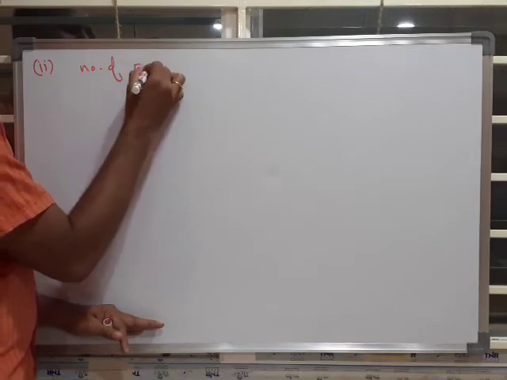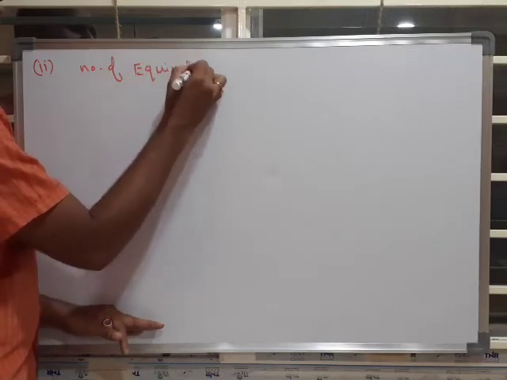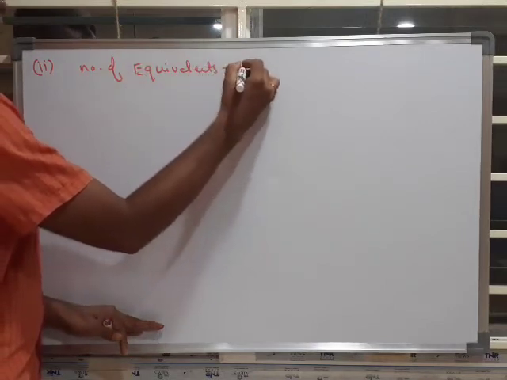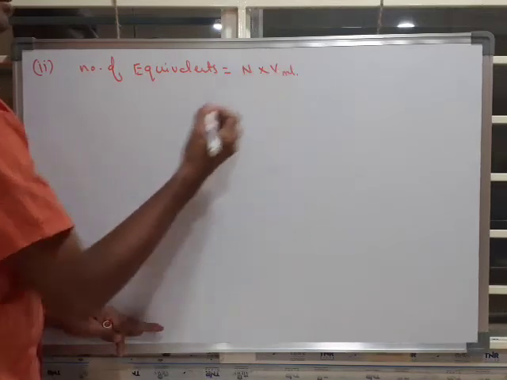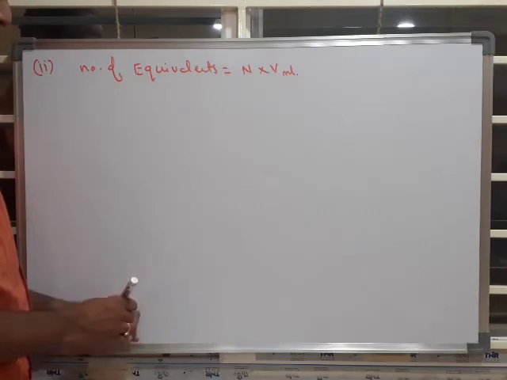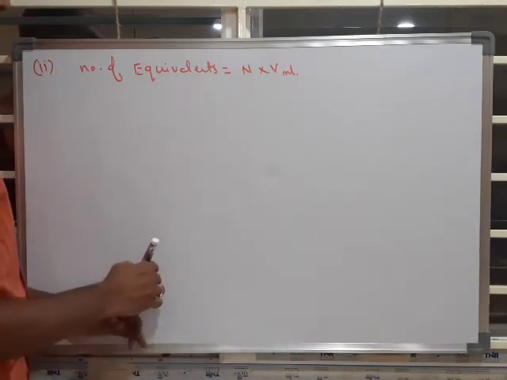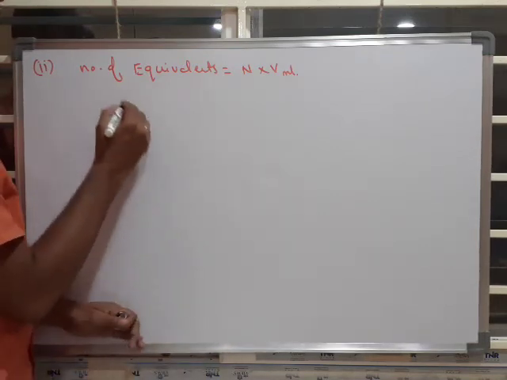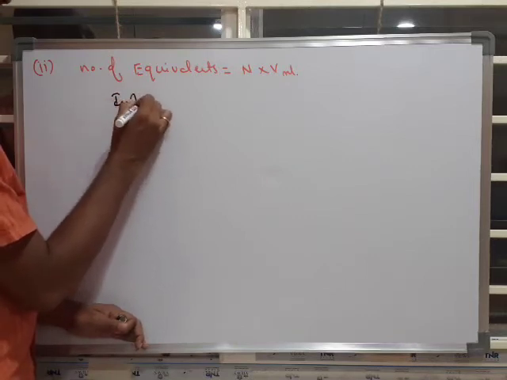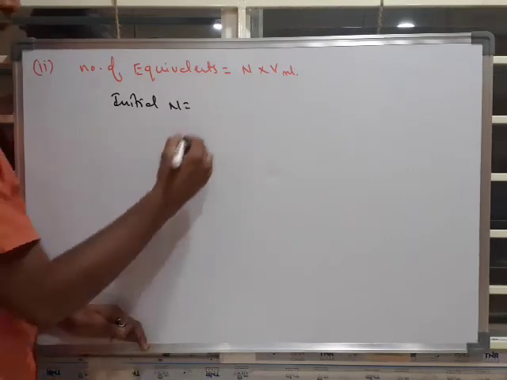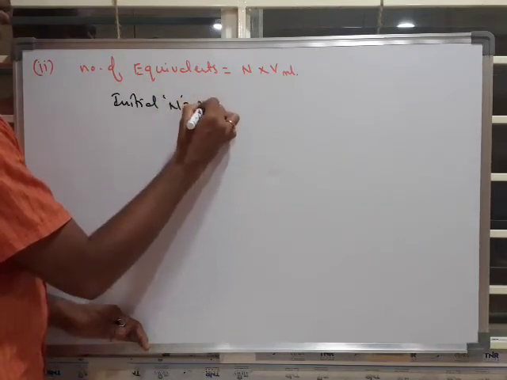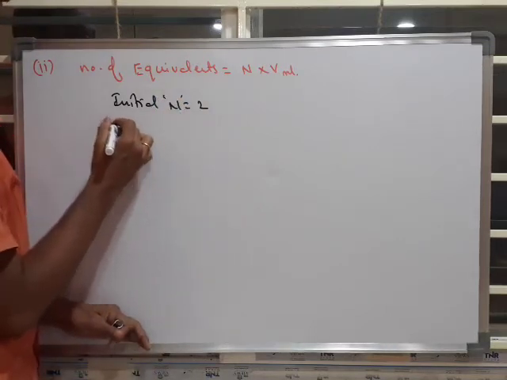So what is the general formula for number of equivalents? We know that number of milli equivalents means normality into volume in milliliter. So you can find it in the initial HCl solution. The initial normality is given as 2.